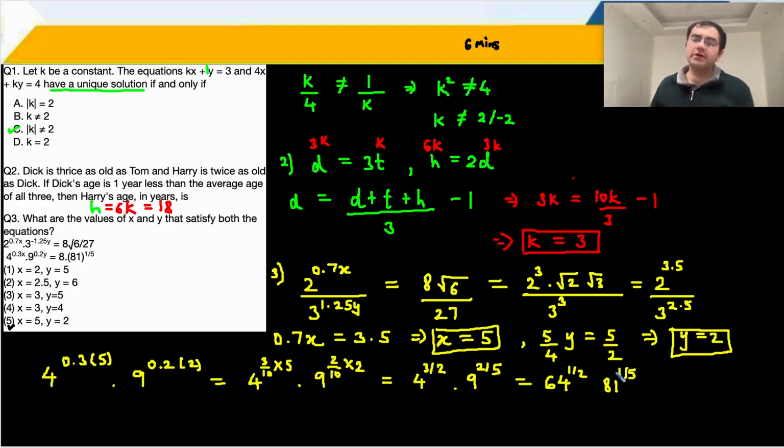Fortunately, we have covered the properties of exponents yesterday, so all this should be crystal clear to us. 64 ka square root is 8 and 81 ka fifth root is as given in the second equation, 81 to the power 1 by 5. So this also satisfies the second equation. So the answer is the fifth option.